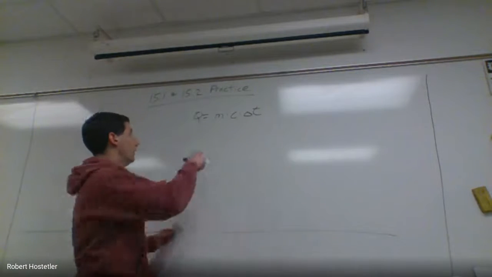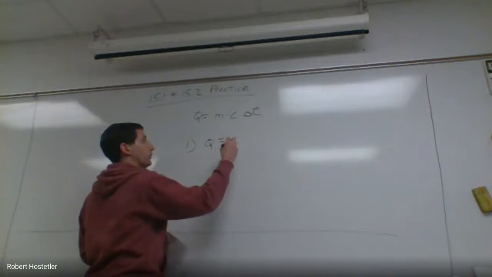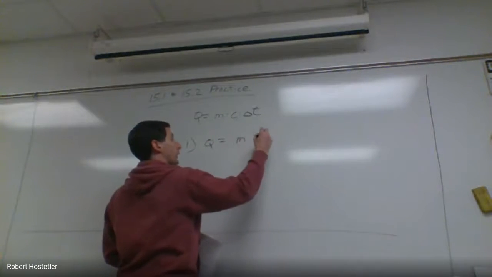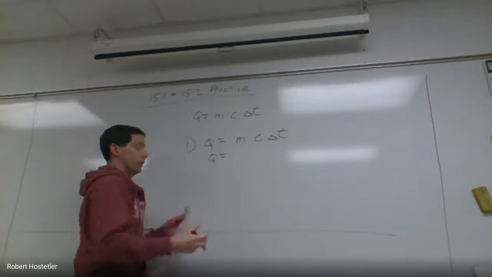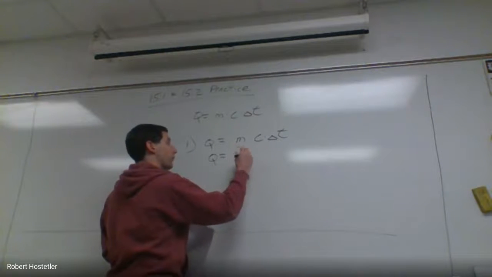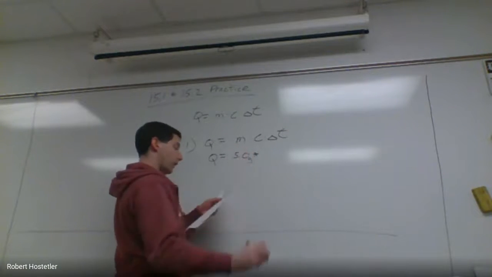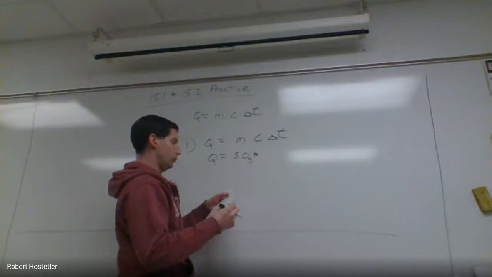In number 1, they want to know how much heat. So we're solving for Q, which means we need an M and a C and a delta T. So we're just going to fill in those values. The mass they give us is 5 grams. We know that our value for C is 2.09.